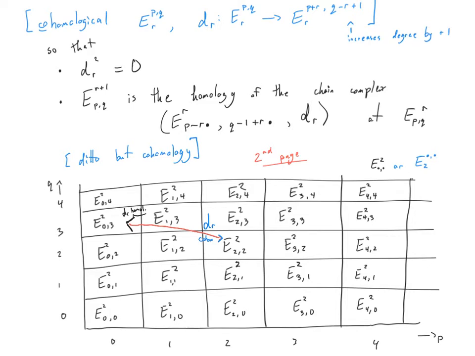So if this is a cohomologically graded spectral sequence, you'd be computing all of these differentials, like here, here, and then this guy would go over here.